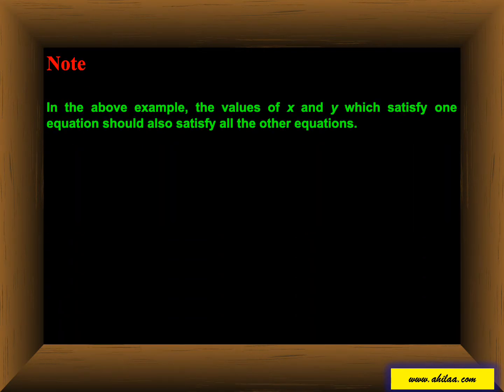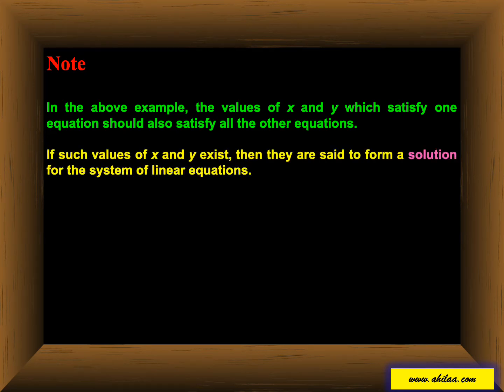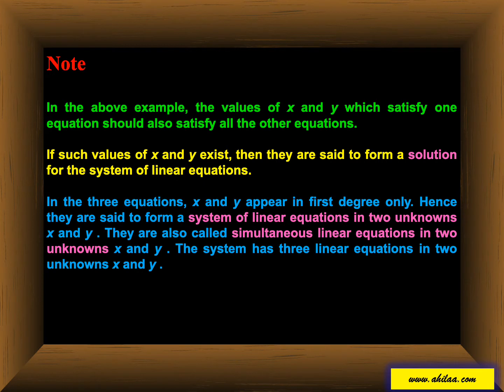Note: in the above example, the values of x and y which satisfy one equation should also satisfy all the other equations. If such values of x and y exist, then they are said to form a solution for the system of linear equations. In the three equations, x and y appear in first degree only.